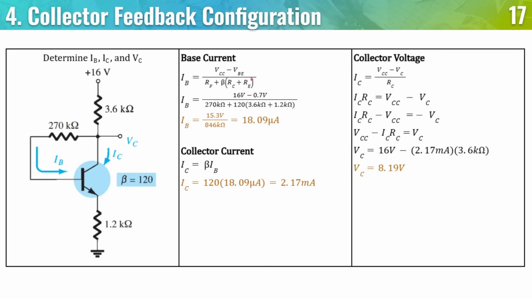So it's not an approximation, that's actually just the way it is. So substituting all of that, we have 18.09 microamps. The collector current, as always, is beta times IB. We get 2.17 milliamps. And then the collector voltage can be acquired through the collector current.